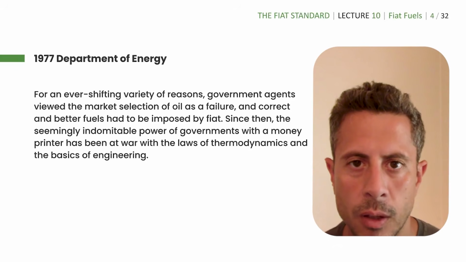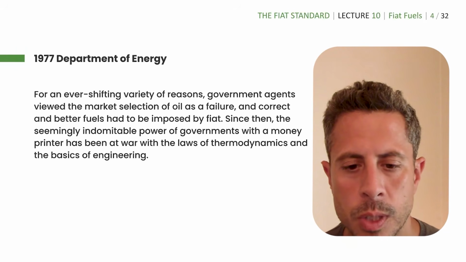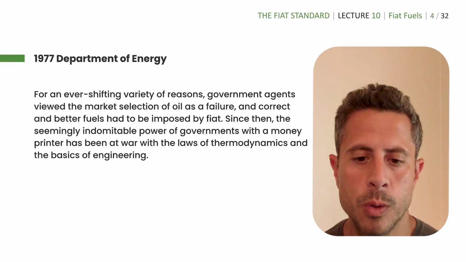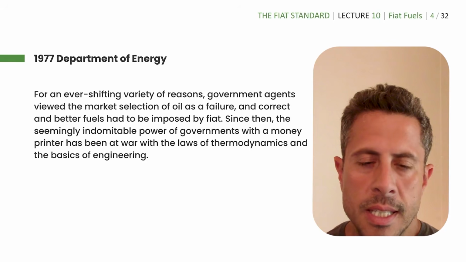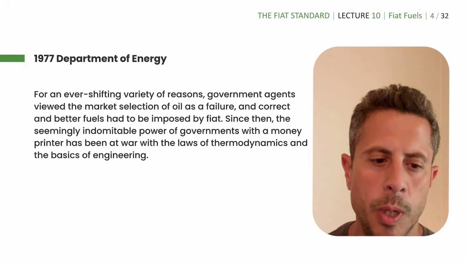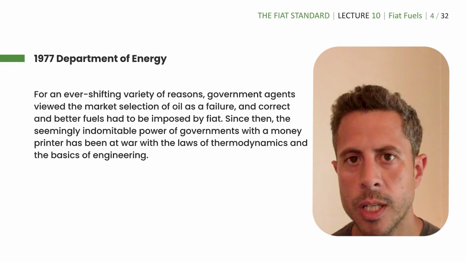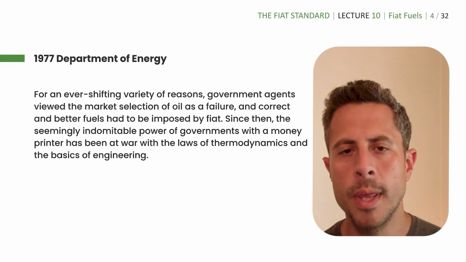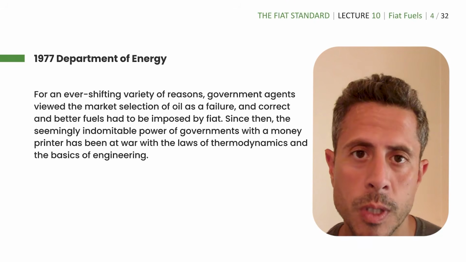With fiat authority, we're going to just mandate that the world shifts away from fossil fuels and hydrocarbon fuels into these new energy sources. And the power of the government with a money printer has essentially been at war with the laws of thermodynamics and the basics of engineering. They want to force the world's engineers to build the world's current infrastructure without using the fundamental building block on which all of this infrastructure relies.